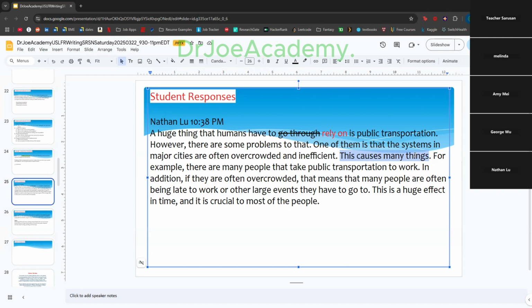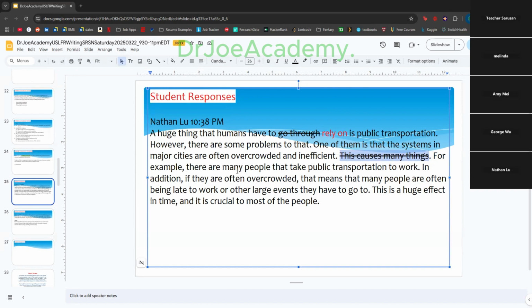So we can say something like, this causes many things, such as many people, actually, you can just take this out entirely because the next sentence jumps right into an example and it flows fairly nicely, so we don't really need this sentence here.